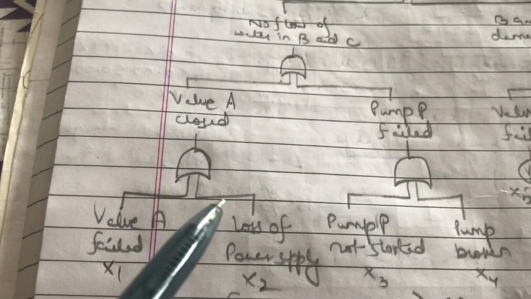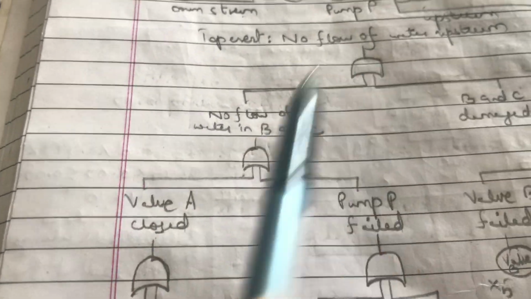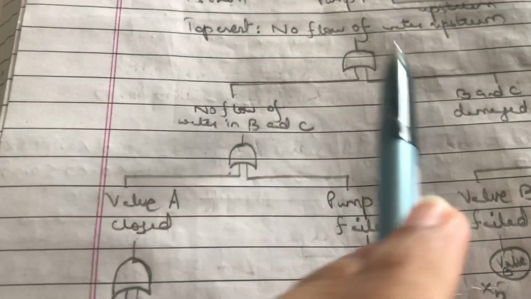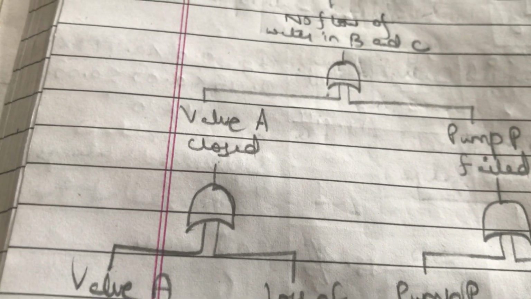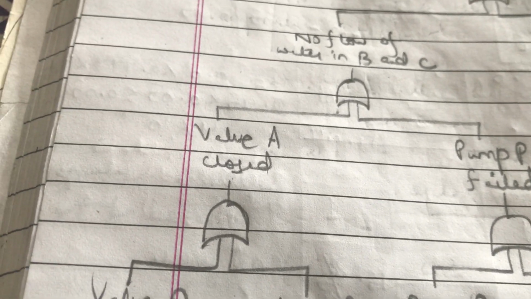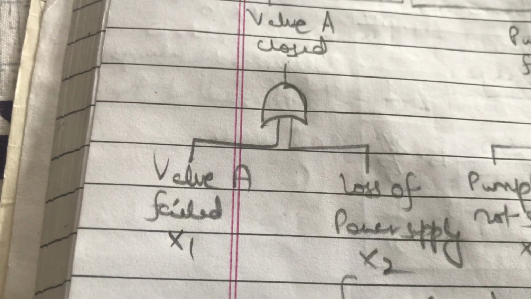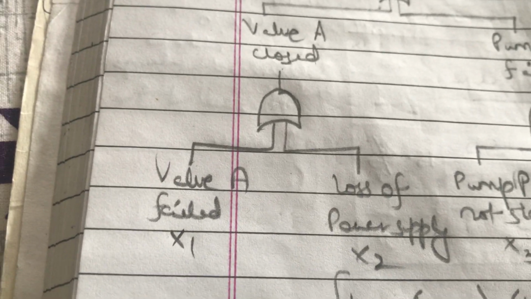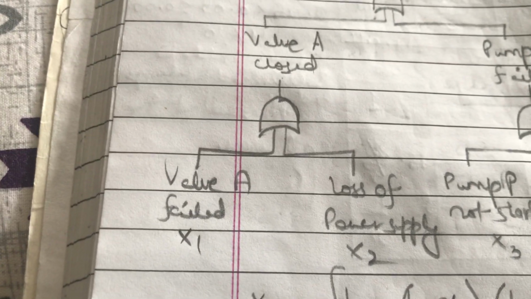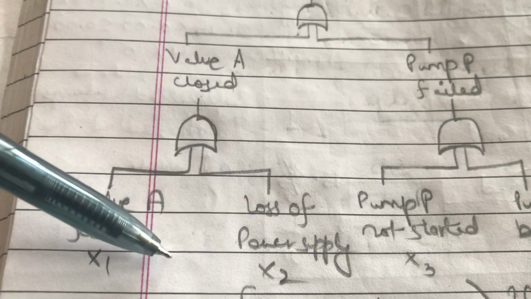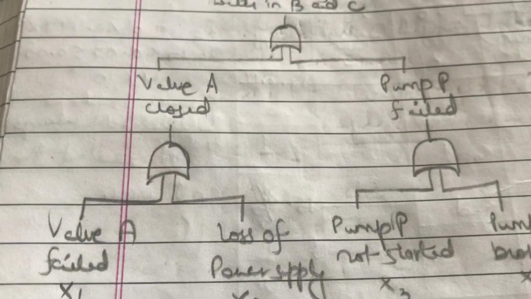So why can it be closed? We have to represent all these things. Don't forget to draw the OR gates in between them. We have to say why valve A is closed. The very first thing: valve A is closed because either it has failed or there is loss of power supply.